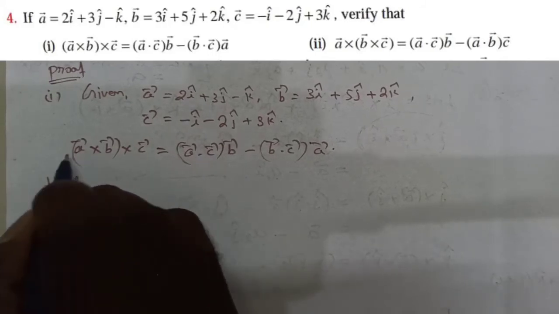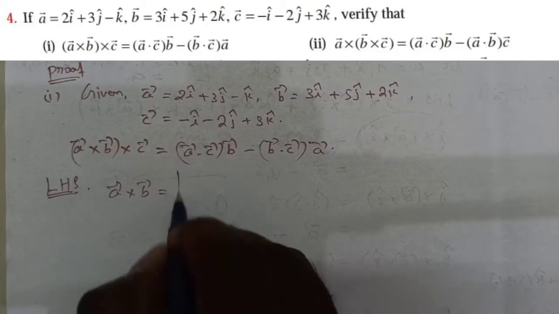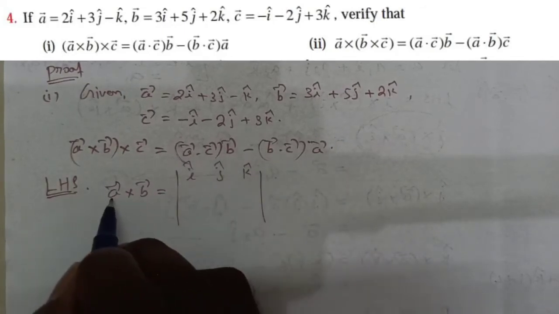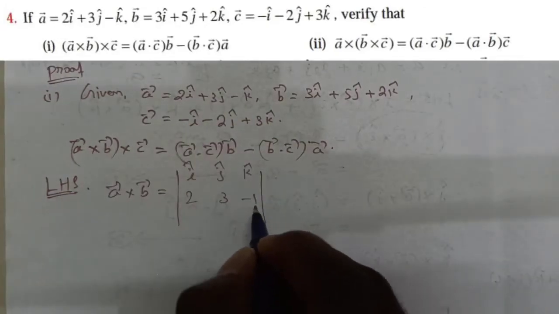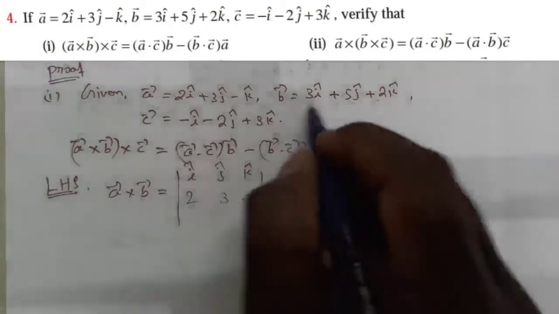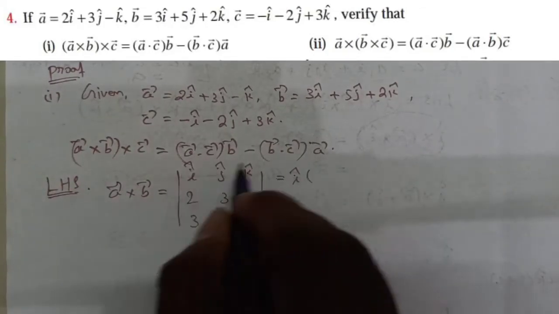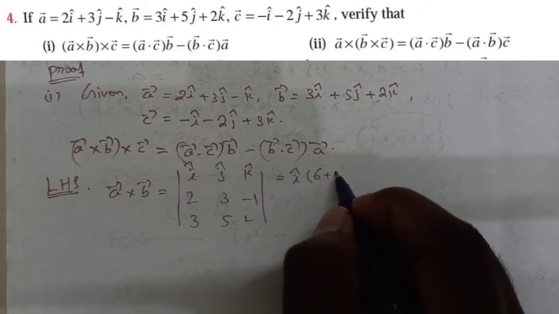For LHS, first we have to find a vector cross b vector, that is equal to the determinant of i cap, j cap, k cap and the elements of a vector components. So 2, 3, minus 1, next b vector entries, that is 3, 5, 2, which is equal to i cap into the cross product: 3 2s are 6, minus into minus plus 1 5s are 5.